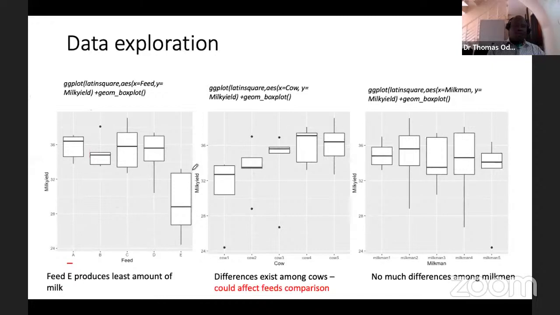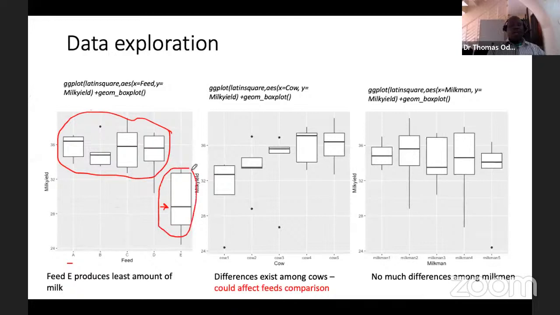You can see from here that based on the median, we seem to be having a problem with feed C. It seems to reduce the yield substantially. If we look at this, we seem to have apparently no difference between feed A, B, C, and D, but feed E seems to stand on its own.